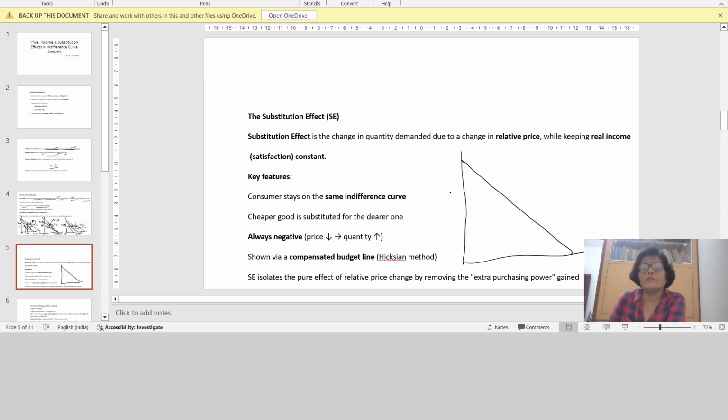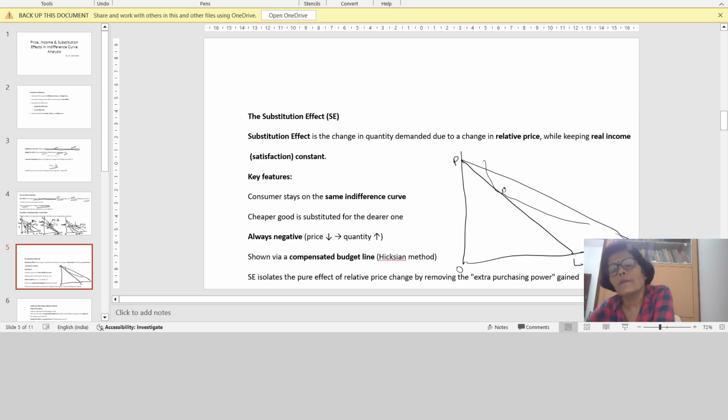Suppose this is the price line, and now the price of X commodity decreases, and the new price line will be like this. Now see this: suppose the consumer is in equilibrium at this A point.